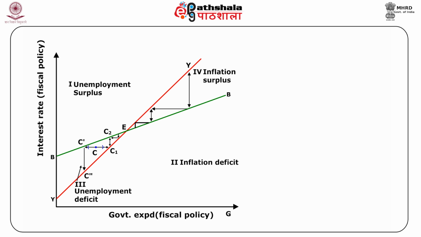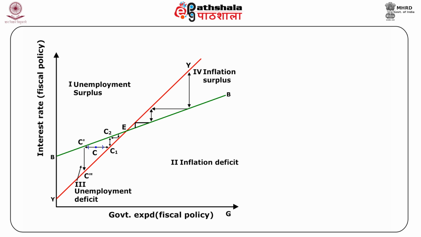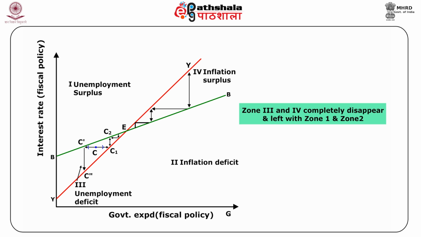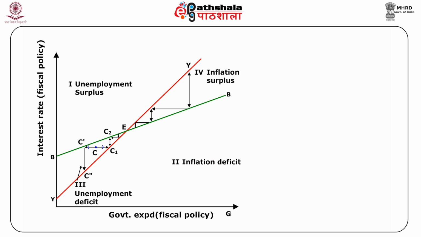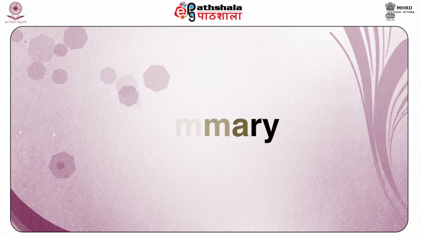On the other hand, if short-term capital flows did not respond to interest differentials, the BB line would have the same slope as the YY line. In that case, zone 3 and zone 4 would completely disappear and we would be left with zone 1 and zone 2. Let us now summarize what we have learnt in this module.